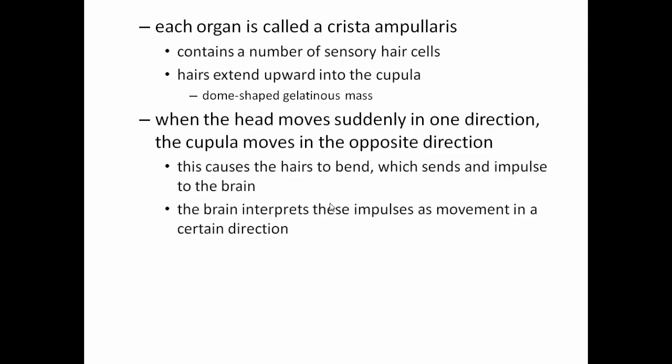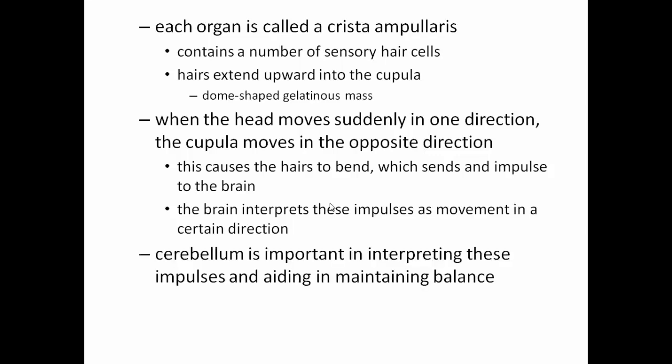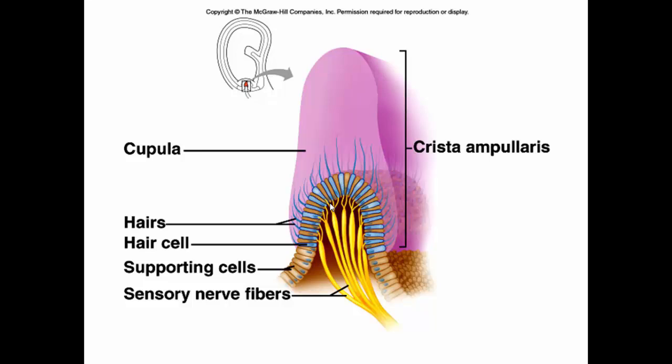And this bends the hair, and that sends an impulse to the brain. The brain interprets the impulses as movement in that direction. Whatever way the cupola moves, your brain understands that you moved in the opposite direction. And the cerebellum really works closely with this in interpreting these and aiding in maintaining balance.